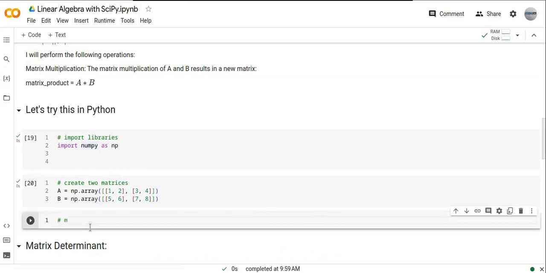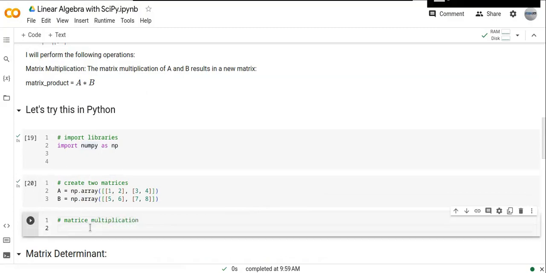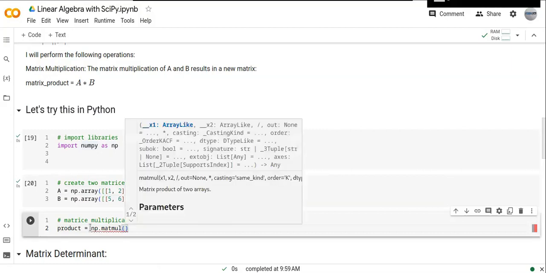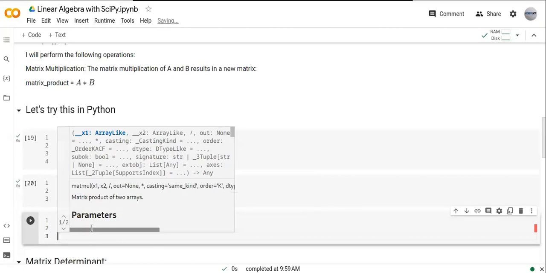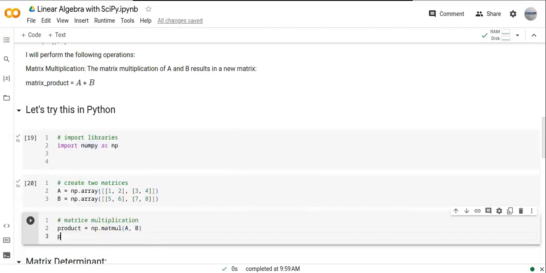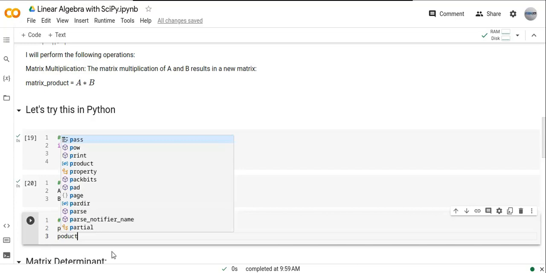For matrix multiplication, the product of matrix A and B, we can use np.matmul. This is a very important function that NumPy provides to multiply two matrices, A and B. Now let's see the product of the two matrices.